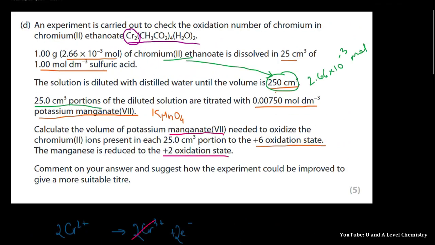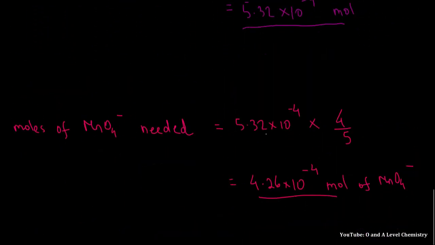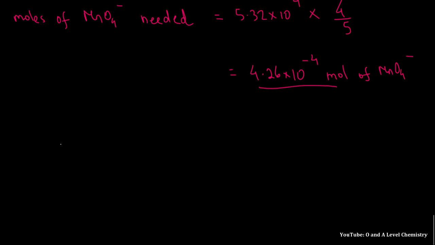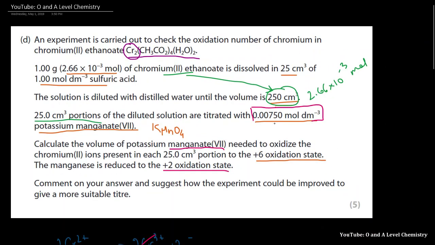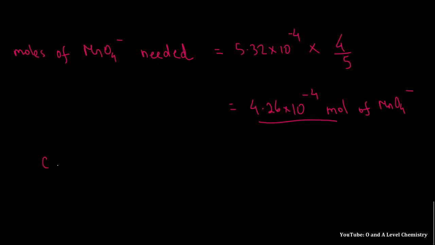So in the problem, we're given the concentration of the manganate, which is 0.00750 mole per dm cube.